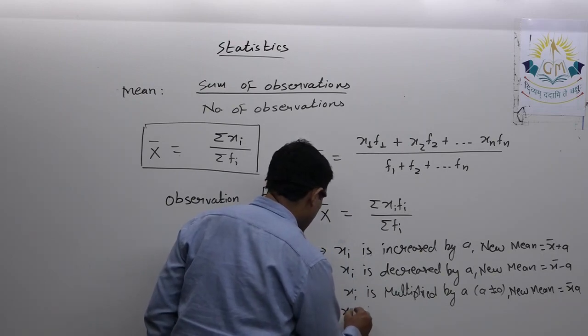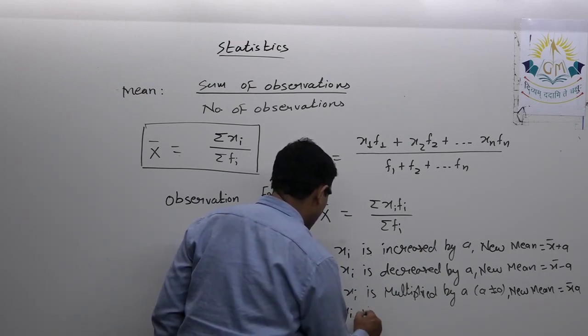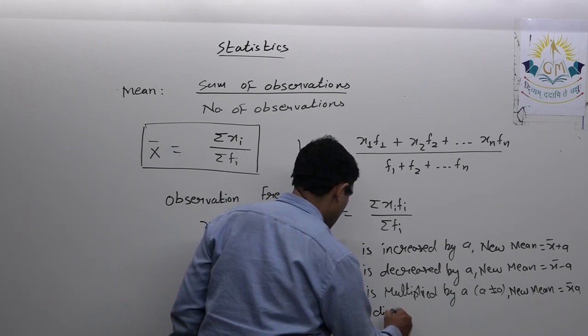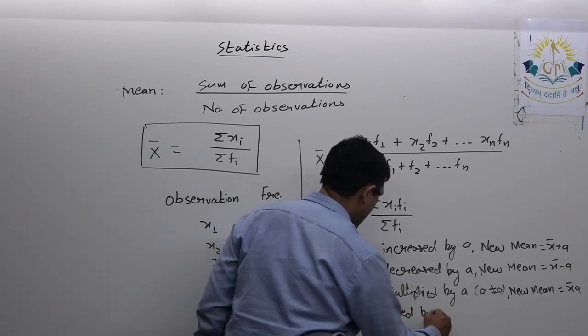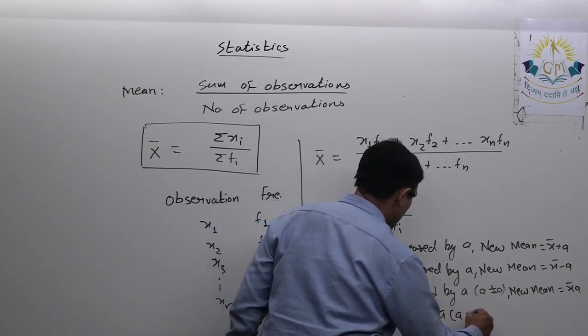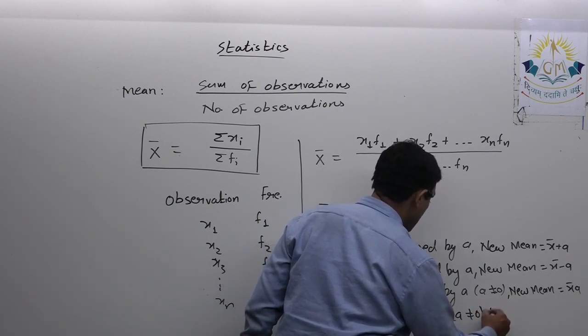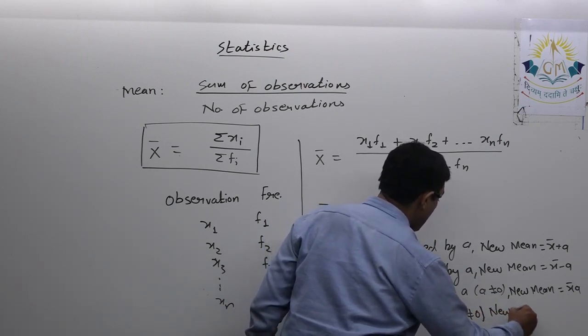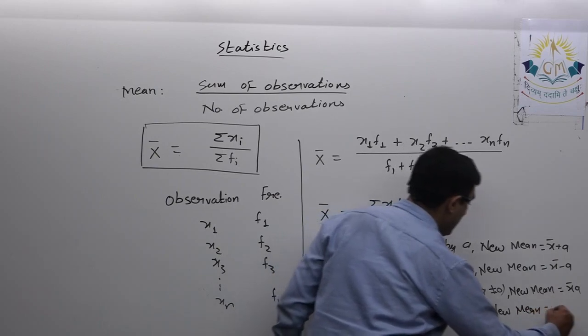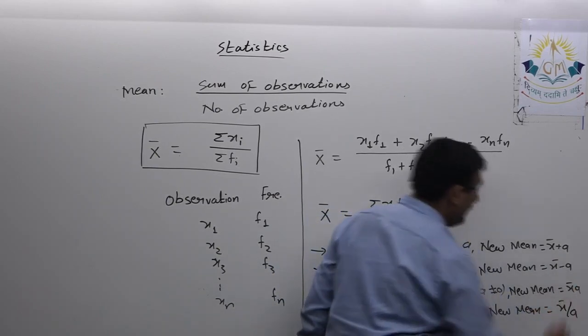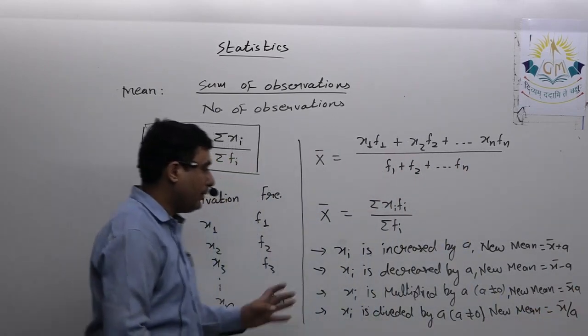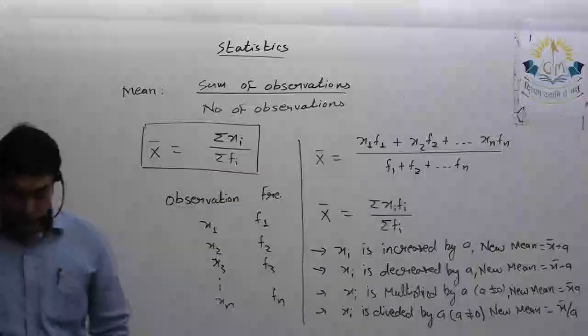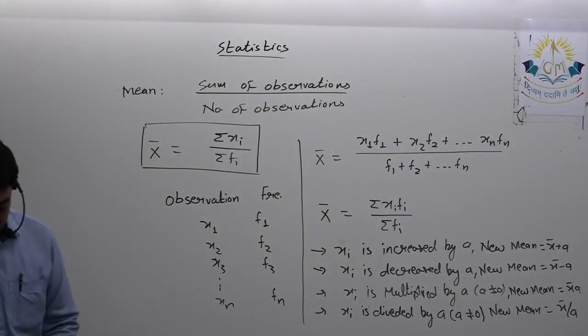Similarly, if each observation is divided by a, again a should not be equal to 0, then the new mean will be equal to x bar upon a. That means the new mean will be divided by a. So these are some of the properties of mean.